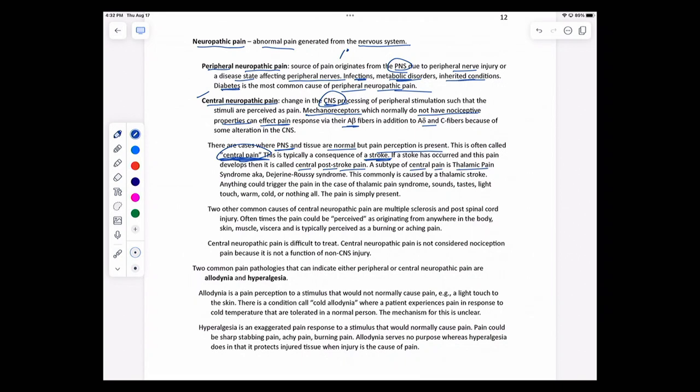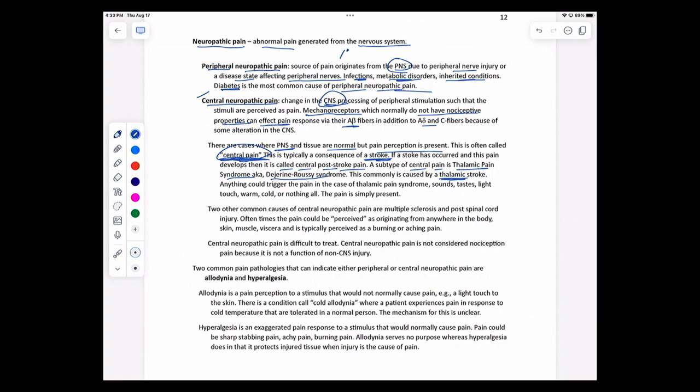This is also called Dejerine-Roussy syndrome. Most of the time in the clinic you'll hear it as thalamic pain syndrome, but again that's kind of an older term, but it's in the literature. This is where you have a stroke that is involving the thalamus itself. So someone comes in, and thalamic strokes are very common.